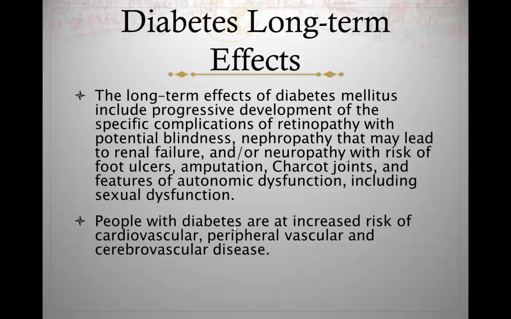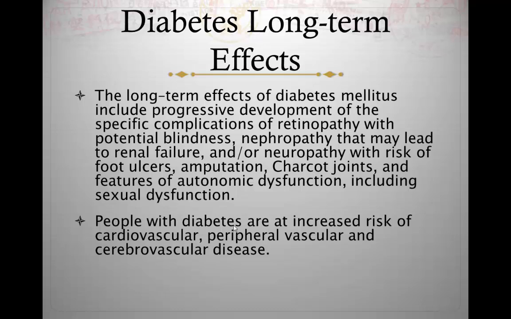Diabetic nephropathy is one of the leading causes of chronic kidney disease in the United States. What you would see is a declining glomerular filtration rate. You could see microalbuminuria if you do a 24-hour urine collection.